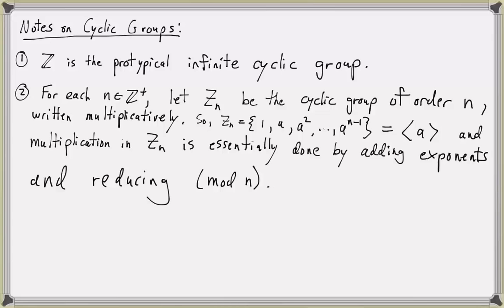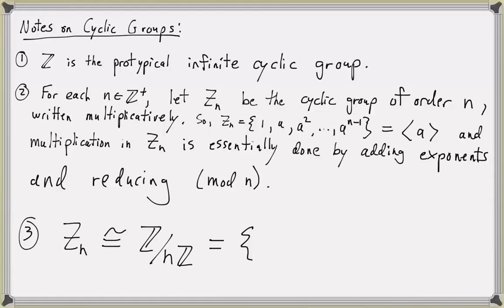So although we write a generic cyclic group of order n multiplicatively, by this description we see that the cyclic group of order n is actually isomorphic to the set of integers mod n, so Z over nZ. Originally when we introduced this set, we wrote each element as its equivalence class. So 0 as the equivalence class of 0, these would be all the multiples of n.